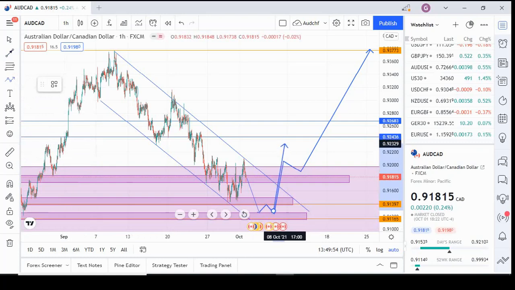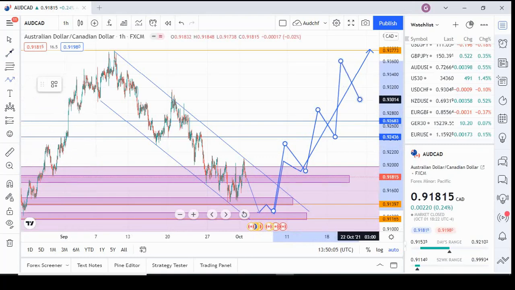The price might just move in such movements. We all know that price doesn't move like that in one straight line.